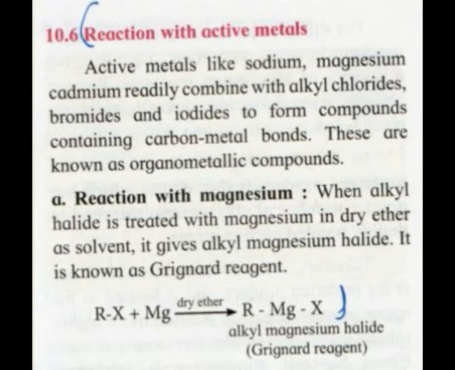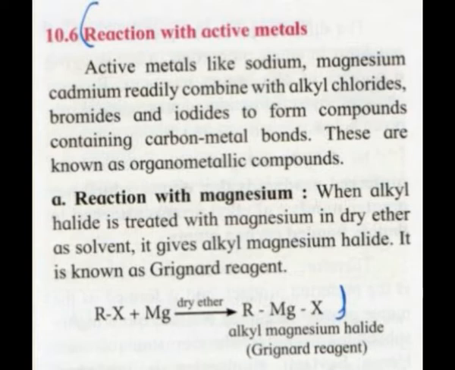These are known as organometallic compounds. First, we will study the reaction with magnesium. When an alkyl halide is treated with magnesium in dry ether as a solvent, it gives alkyl magnesium halide. This is known as Grignard's reagent.